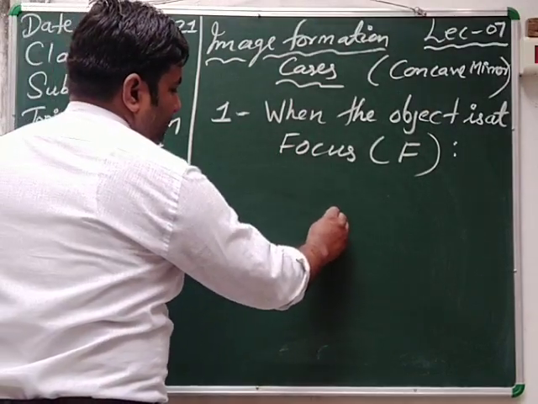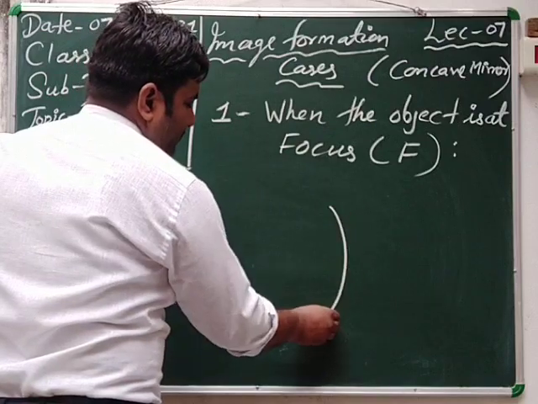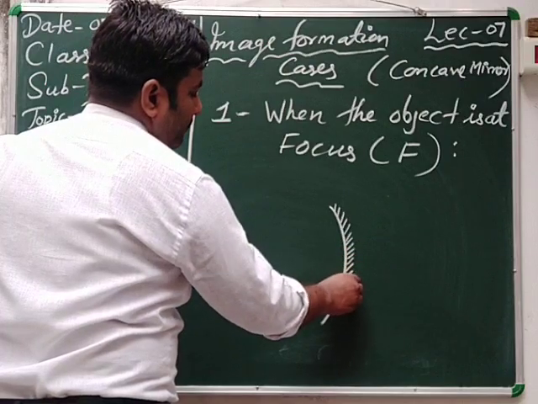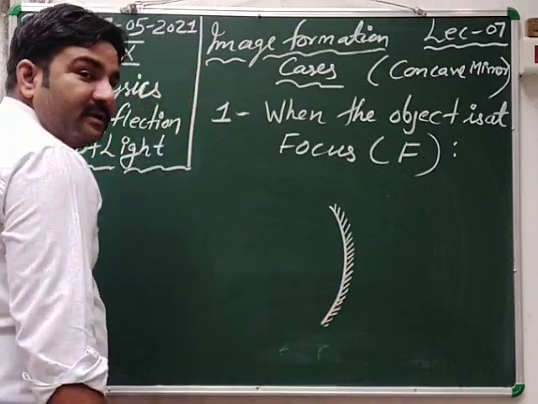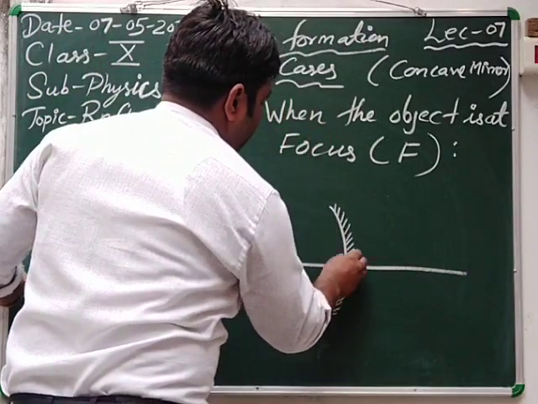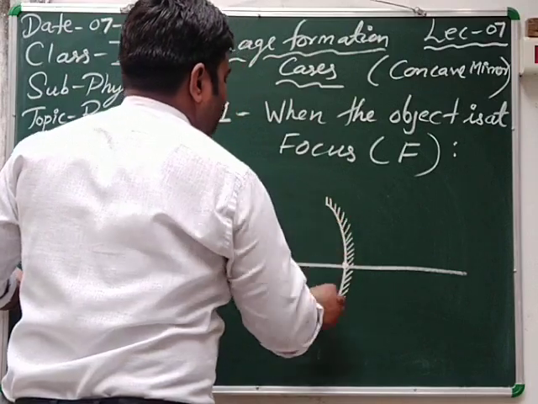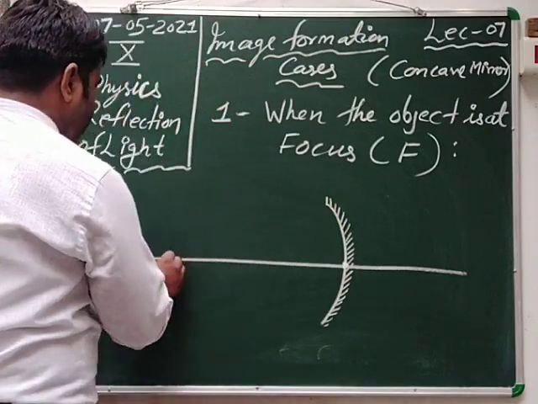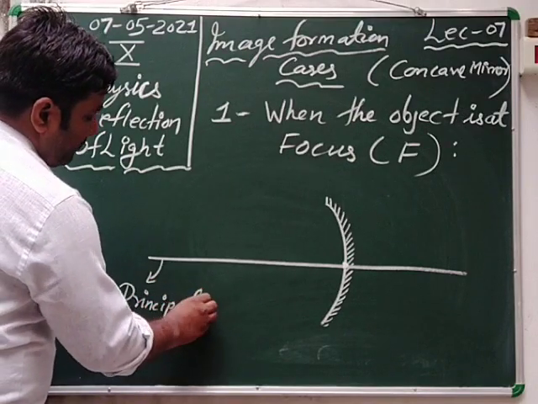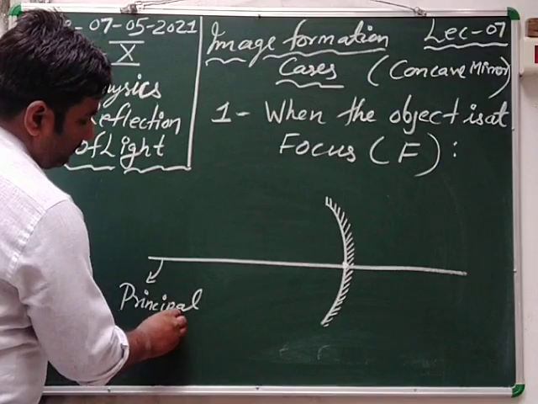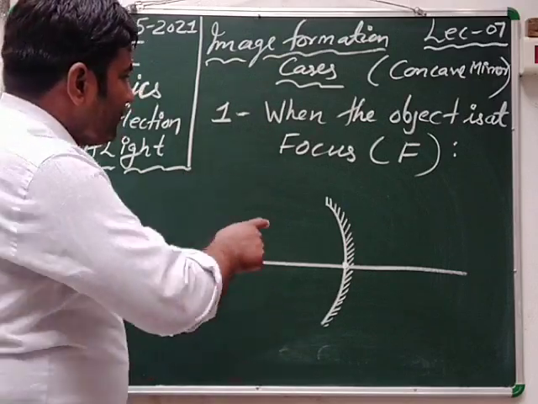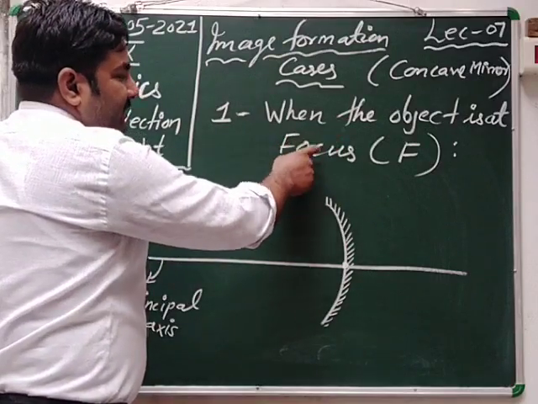So first draw the concave mirror, this one. This is the concave mirror, and this is the principal axis, and the condition here is that the object lies at focus.